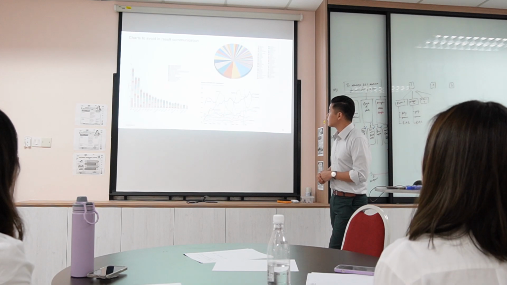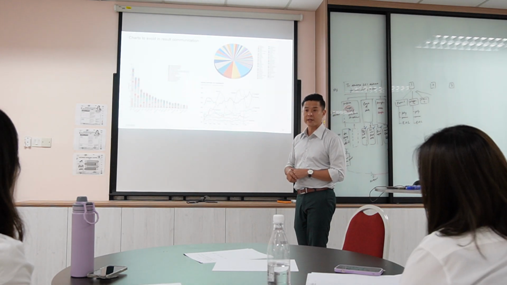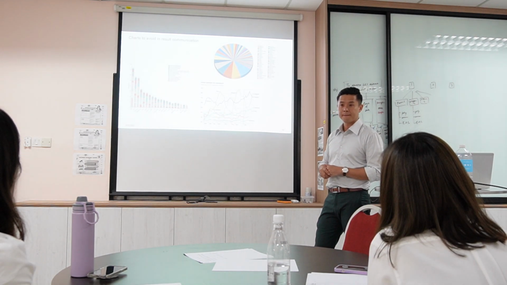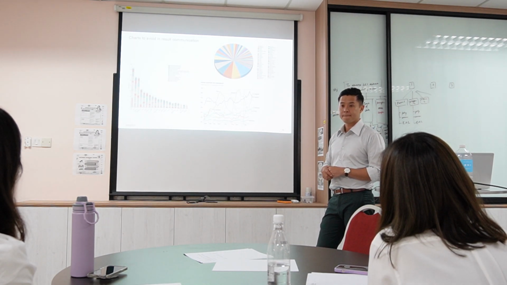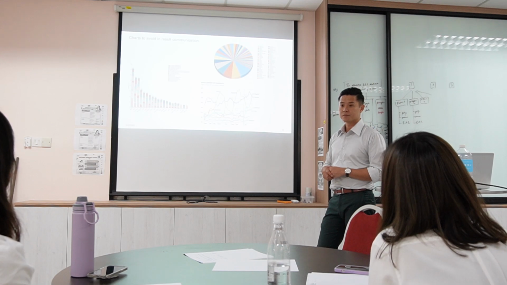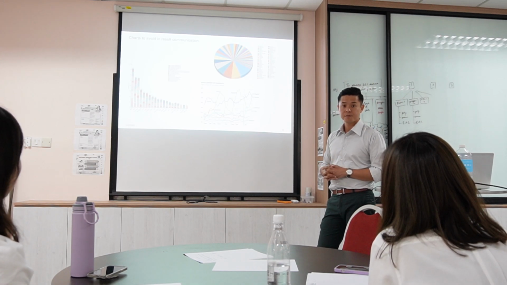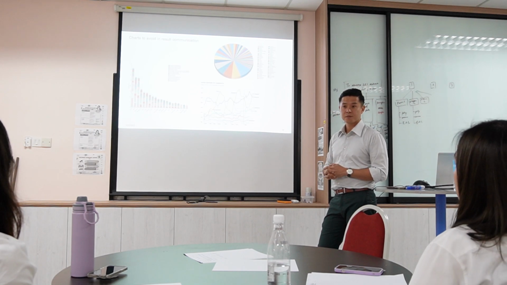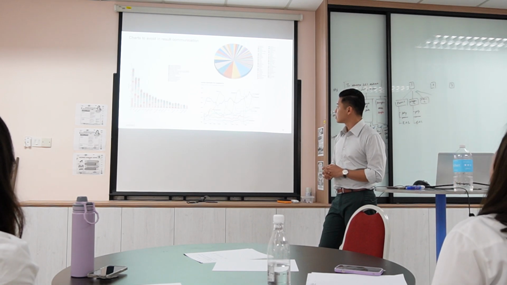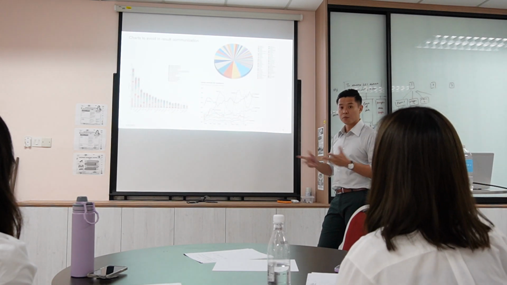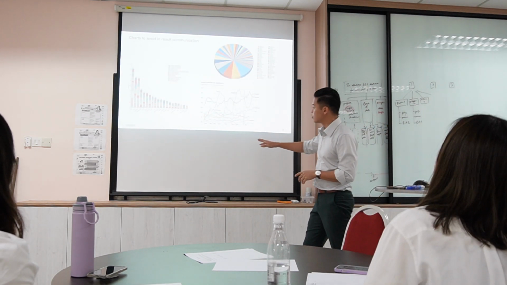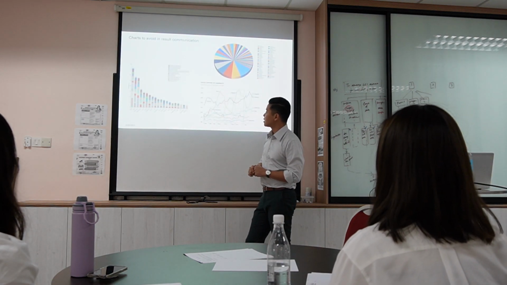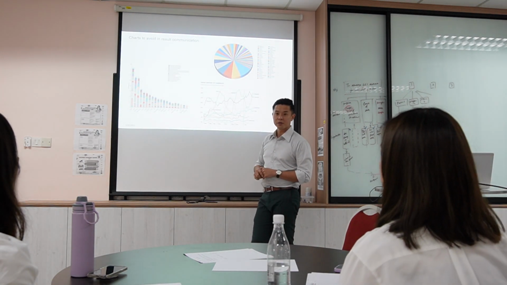But can anyone tell why we should avoid this kind of problem? Too many colors. Too complex. Okay, both are correct. If I ask you about the chart on the left, what can you understand from it?